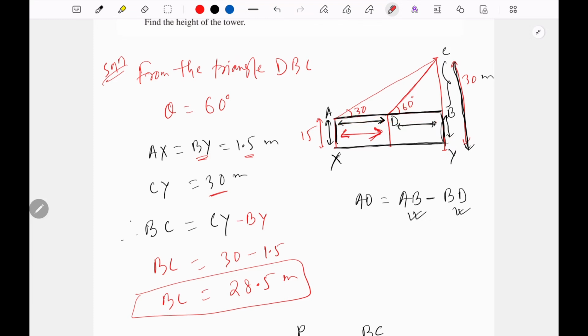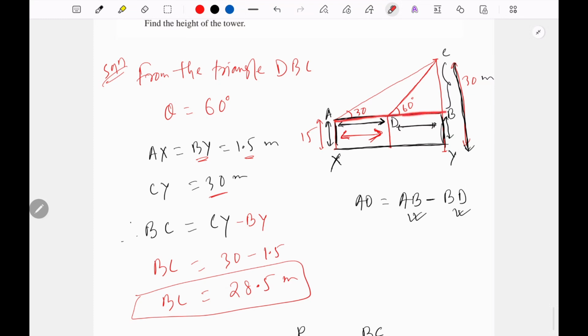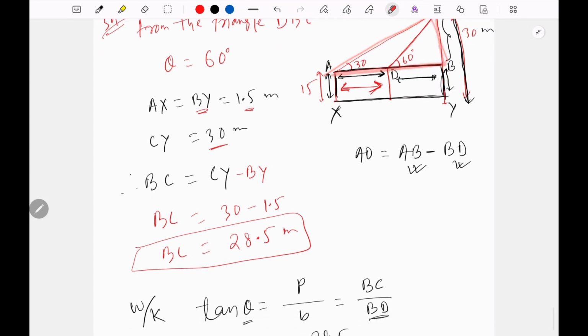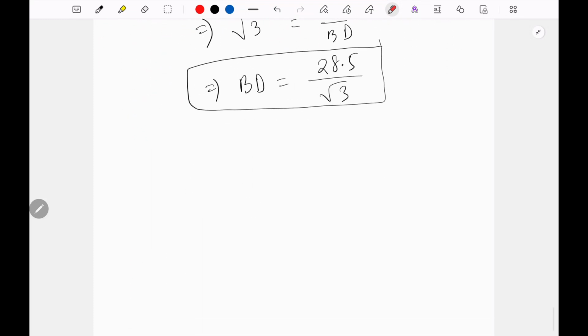So how will we get the total length AB? From this triangle, see, there is a triangle ABC. So again write from the triangle ABC. What is theta?